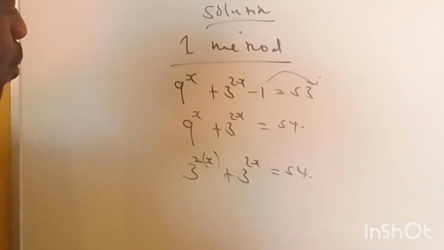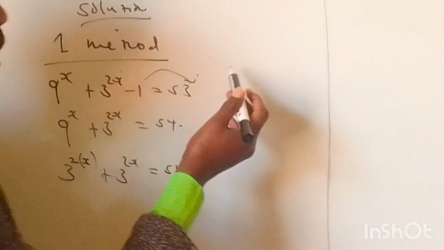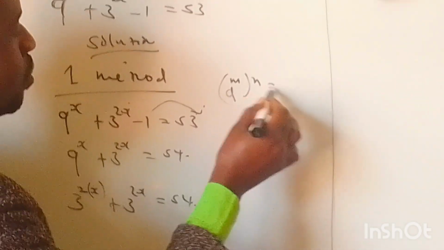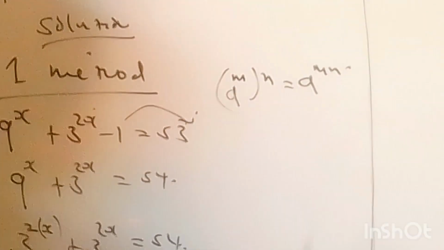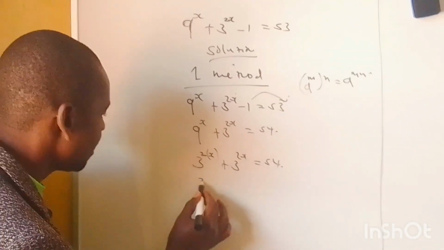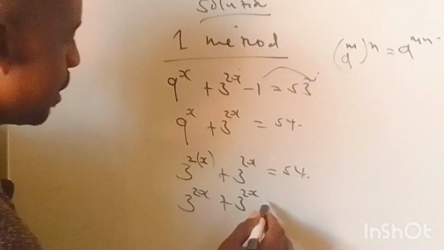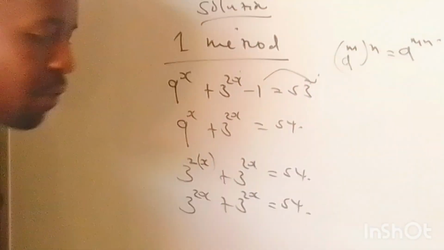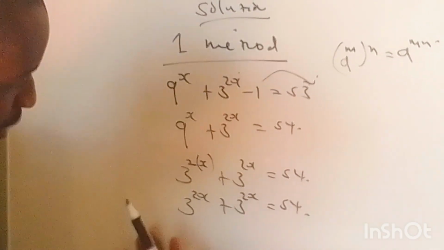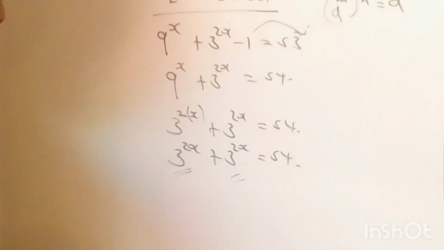So when you apply the third law of indices, which is a raised to m, raised to n, is equal to a raised to mn, you can multiply out. So applying that, this is 3 raised to 2x plus 3 raised to 2x is equal to 54. You can see there is 3 raised to 2x here and it is common also there, so we can factorize it out.